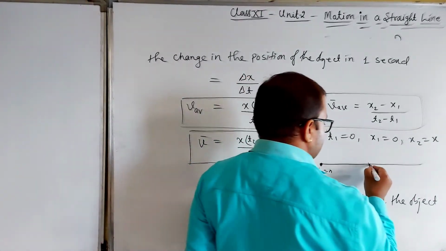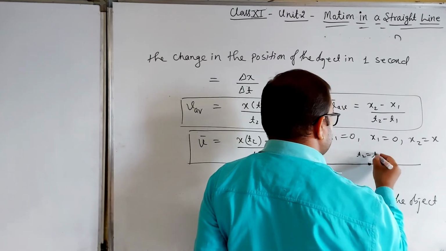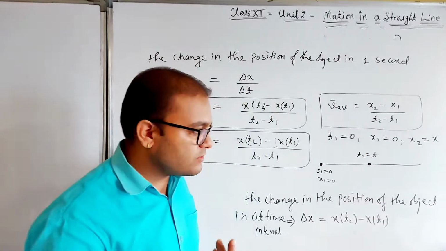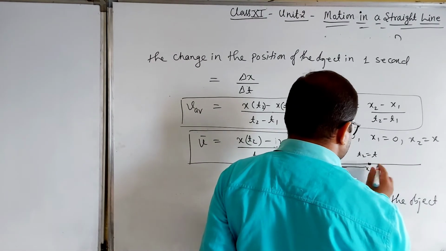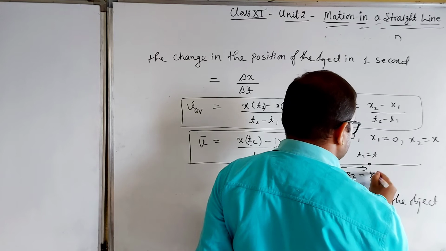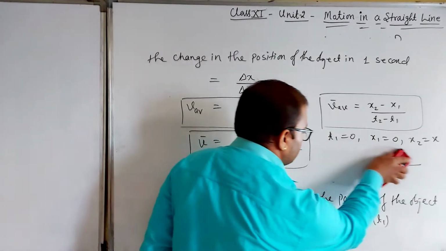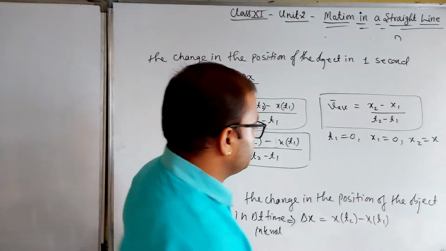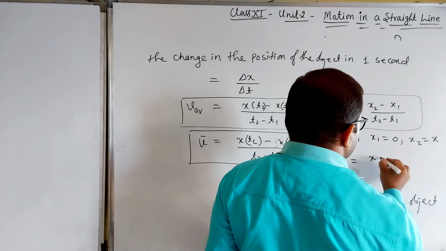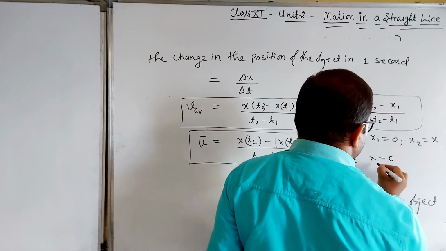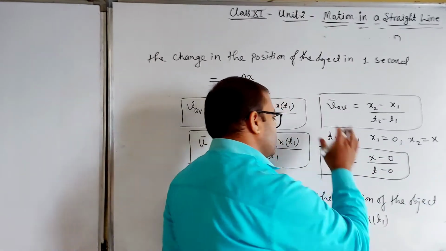Then it got some time interval t2, means at time t also, its position is x2. This position x2 we can say as x also. So what does it mean? The meaning is that we can write v average equal to, suppose x2 equal to x, minus x1 which is 0, upon t2 which is t, minus 0. We can also write it in this form.